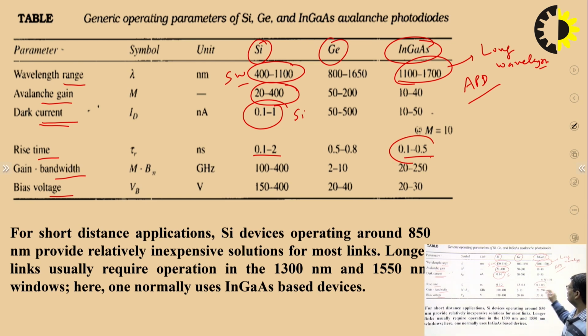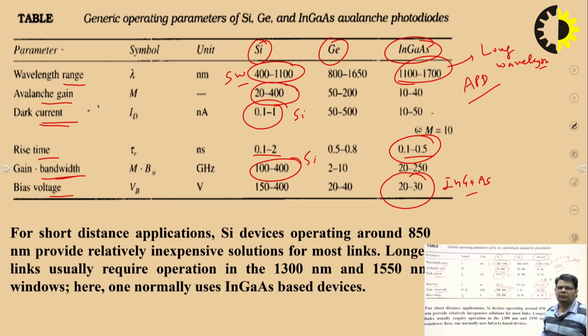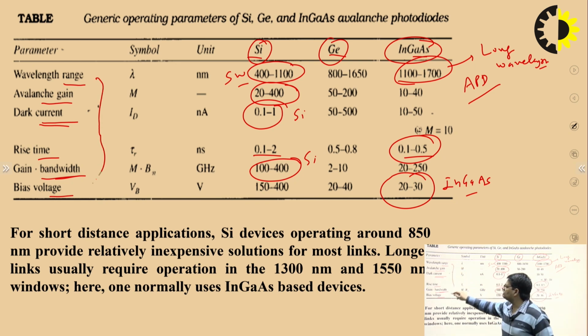Gain bandwidth is maximum in the case of silicon, so silicon is preferred. Bias voltage requirement is minimum in the case of indium gallium arsenide. So in this way we can compare the APD photodiode performance that is made up of silicon, germanium and indium gallium arsenide using these performance parameters.